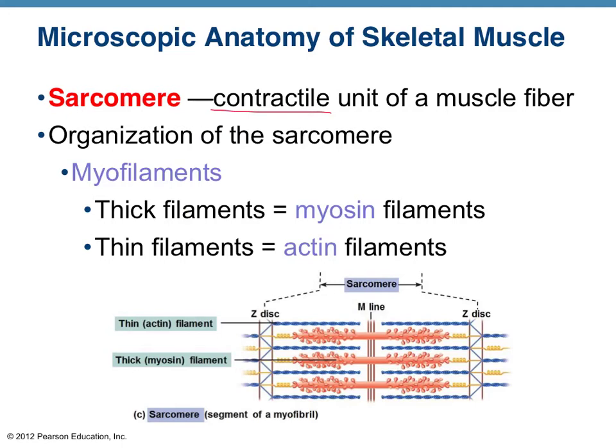So you would see where there would be a dark line because of the overlap, and where there would be a light band, again, the light and dark bands, because of the overlapping of these fibers. These are the filaments, the protein filaments, that actually slide by one another during muscle contraction and muscle shortening.